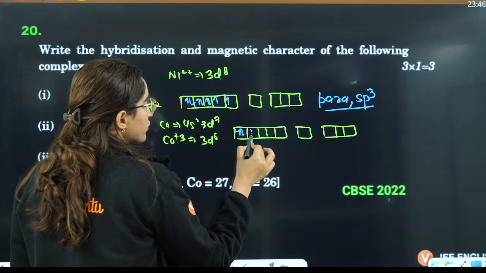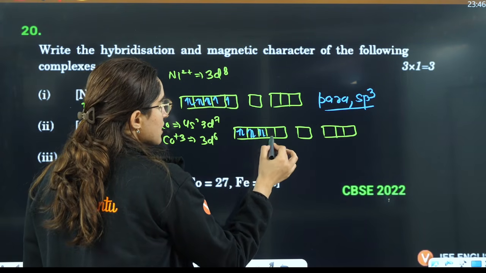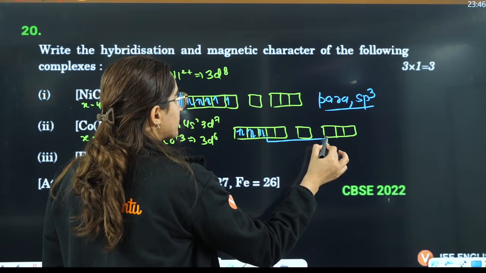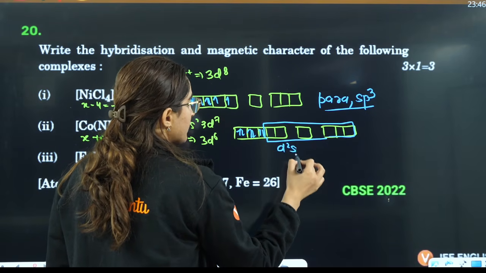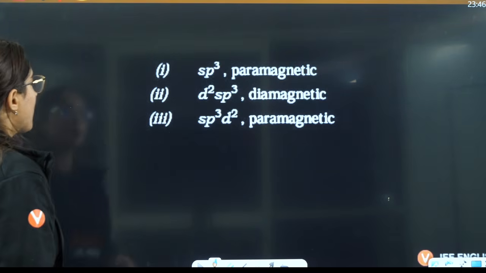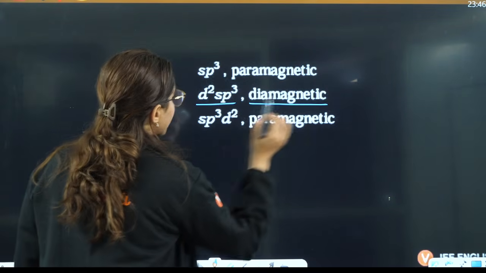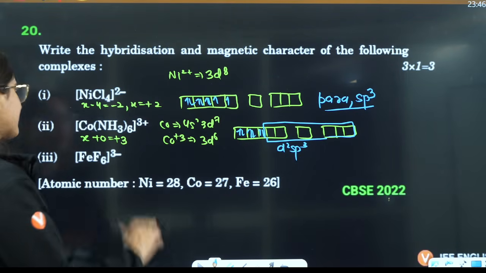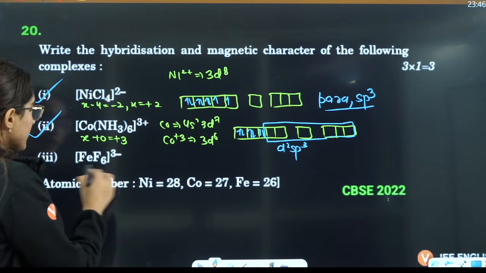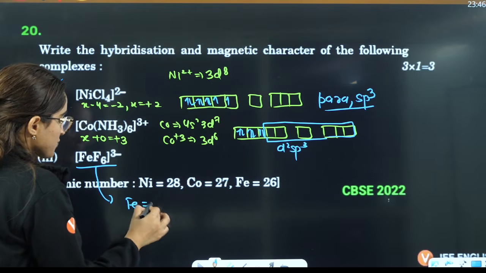So it is 1, 2, 3, 4, 5, 6. d2sp3, that will be the answer here. There is no unpaired electron here. All of them are paired. So it is diamagnetic.